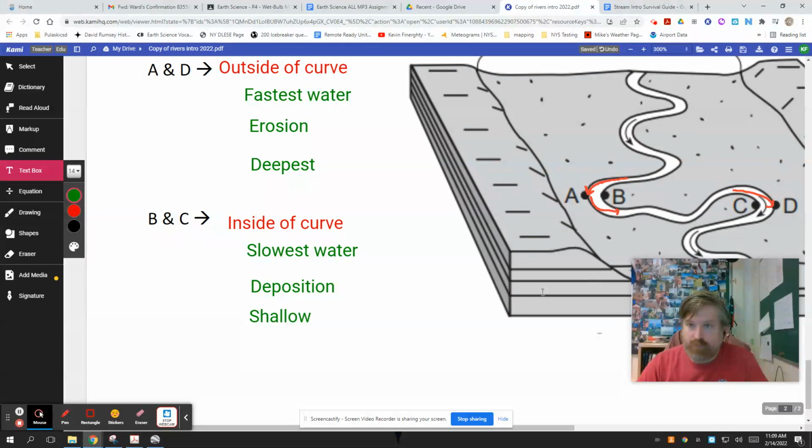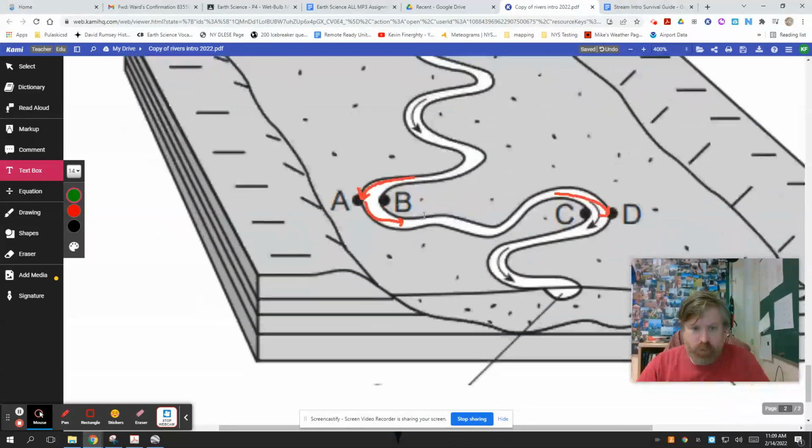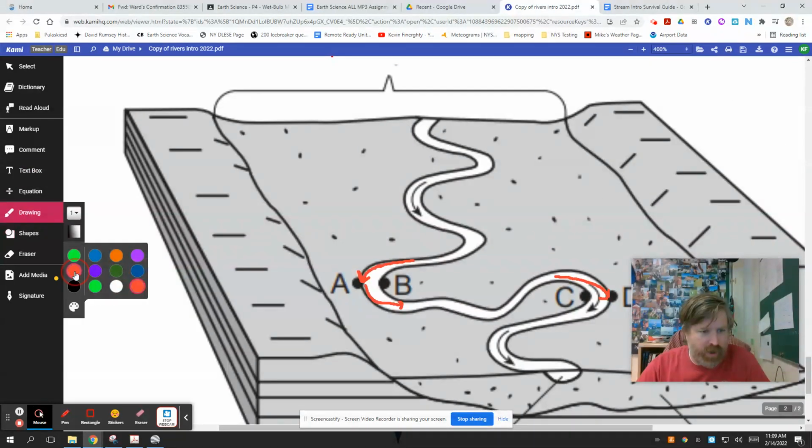All right. I'm going to zoom way in. So what that means is through time, and this we won't look at in too hard a detail today, the outsides of curves get bigger and bigger because they're constantly eroding, whereas the insides of the curves get bigger and bigger because they're constantly depositing.